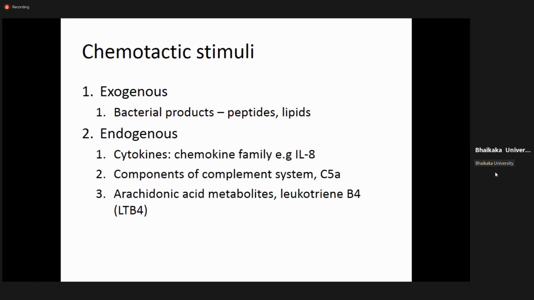What are these chemotactic stimuli which will cause chemotaxis of the leukocytes? The important chemotactic stimulus which is exogenous in nature and most common is bacterial products, peptides and lipids.